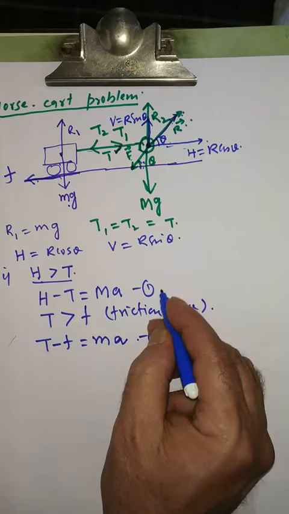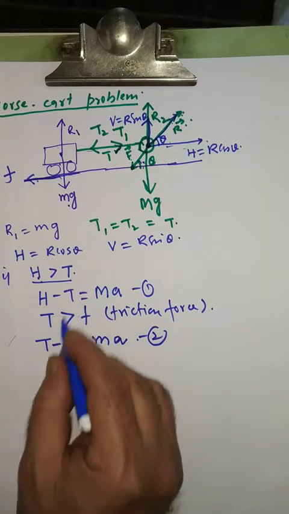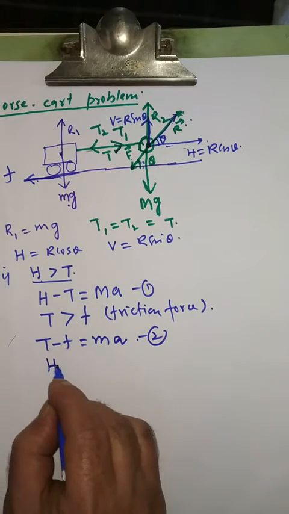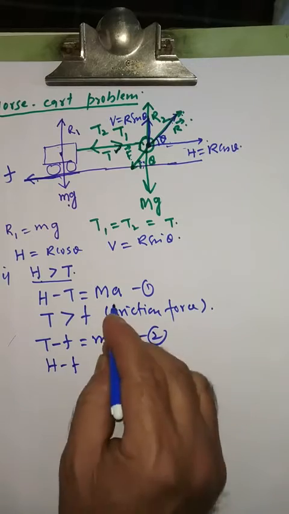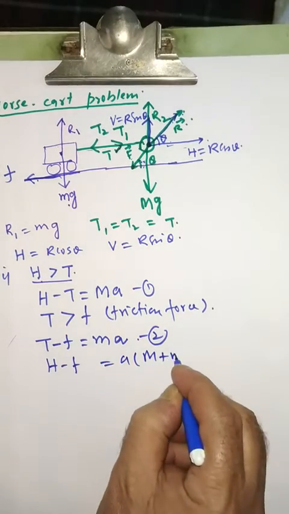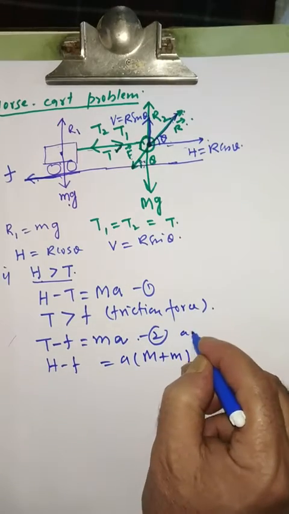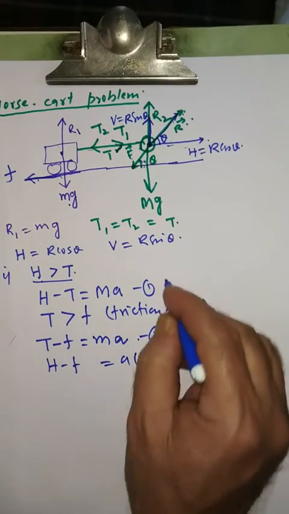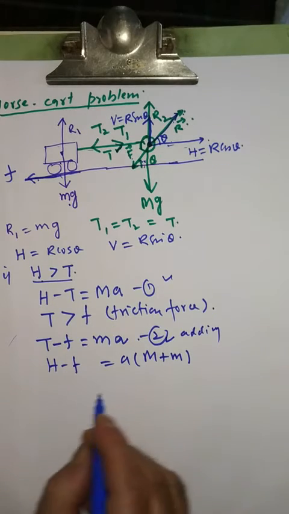Now, if we add 1 and 2, T will cancel out. We will have H minus F, and from this we will take a common. It will be M plus m, after adding the first and second equation.